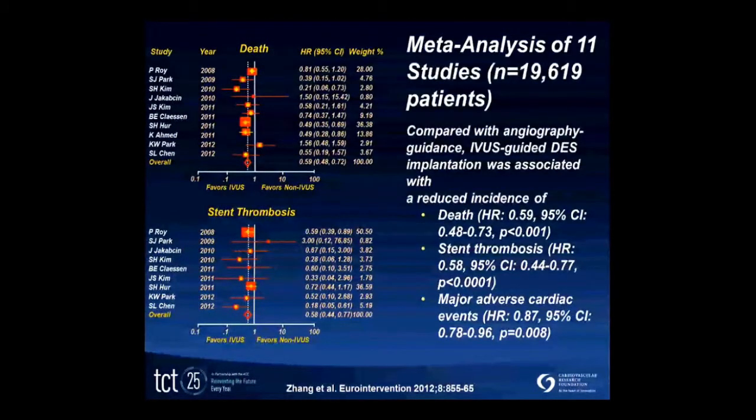We have a lot of data in terms of whether IVUS guidance reduces events, and if you're going to do a study looking at determining what is the best way to reduce events, you have to have some background. And a meta-analysis published in Your Intervention indicated that IVUS guidance reduced death, stent thrombosis, and MACE.